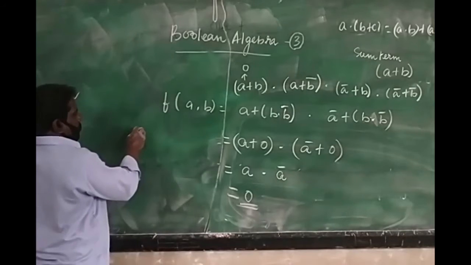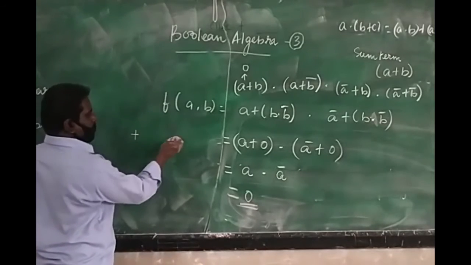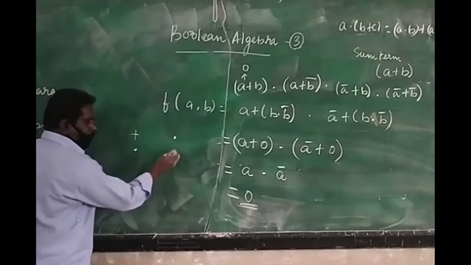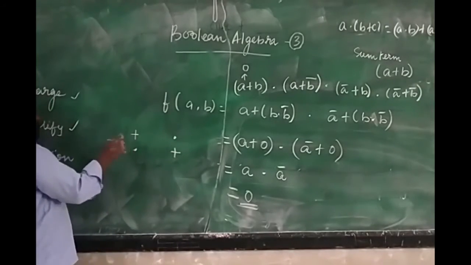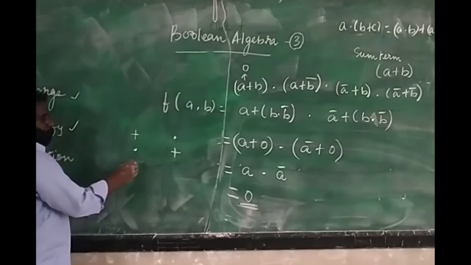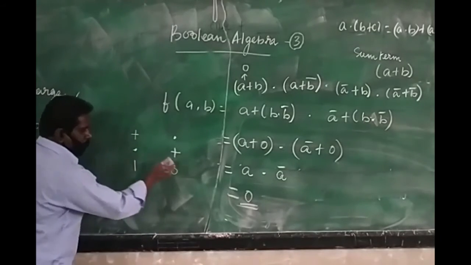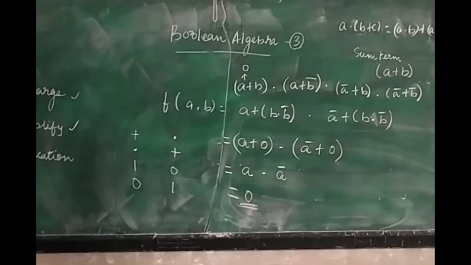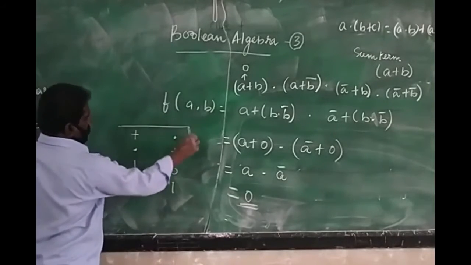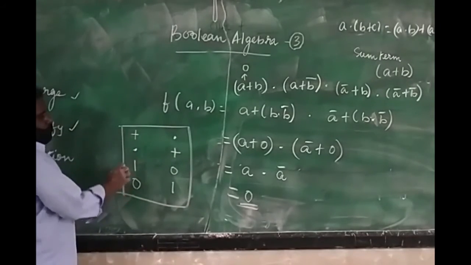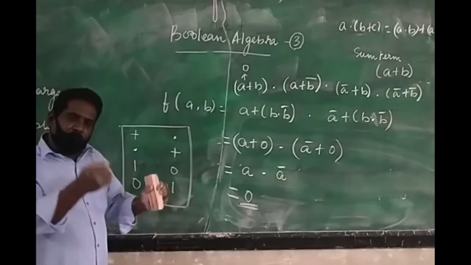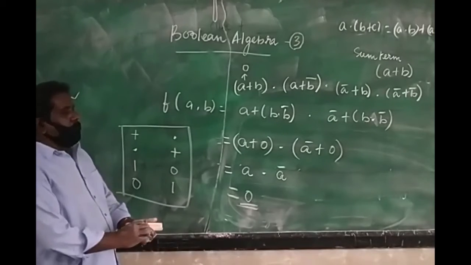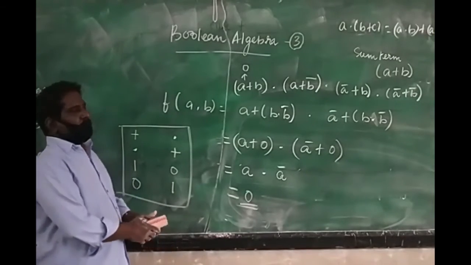In the normal theorem, if there is a dot, the dual theorem will have a plus. After doing these changes, we can prepare the dual theorem of any function very easily.